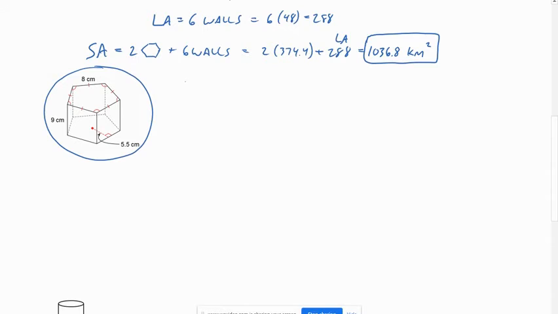So we'll start with the pentagon. A pentagon we can split up into 5 congruent triangles. They tell us that our apothem is 5.5. So that's the height of one little triangle. And so if I'm going to find the area of just this triangle, that's 1/2. The base is 8 times the height, 5.5.